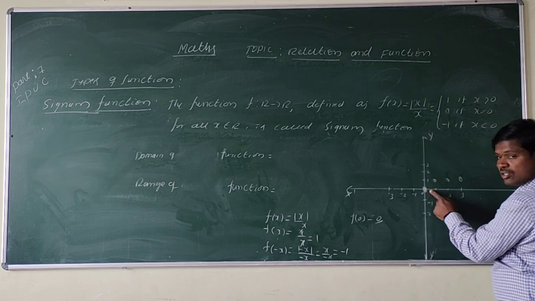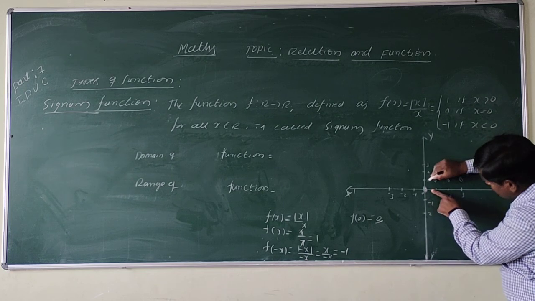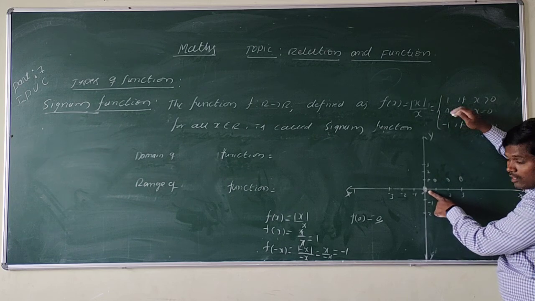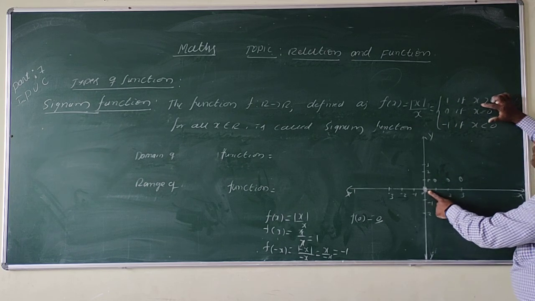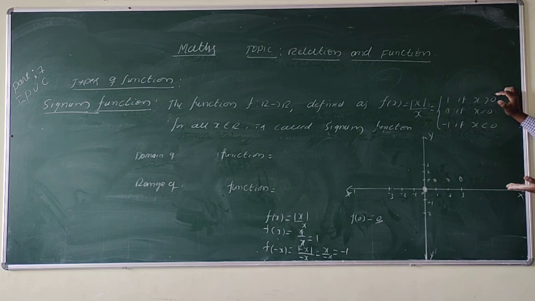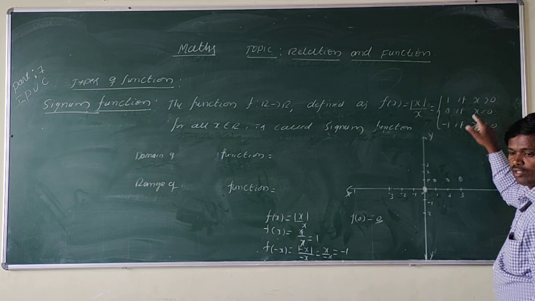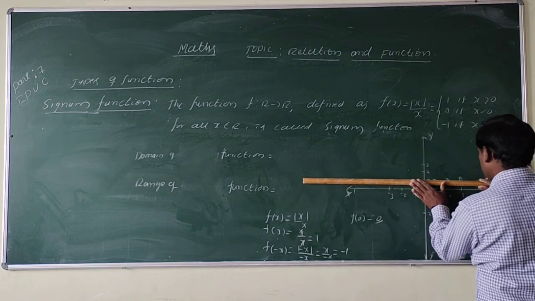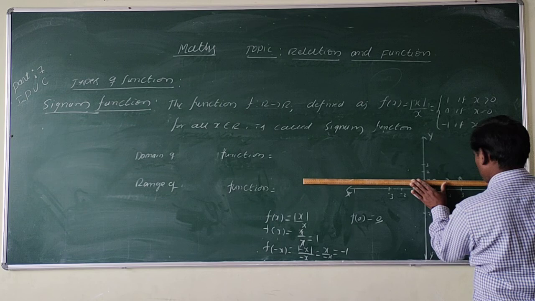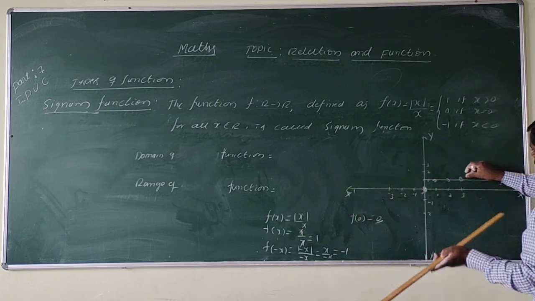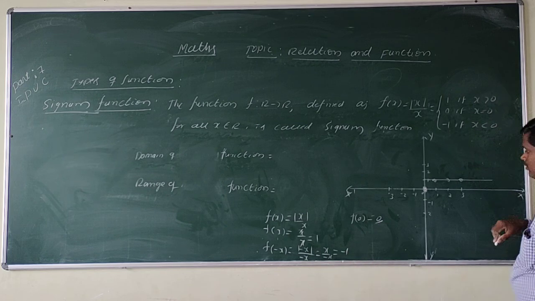Suppose x is 0.1, 1 by 2, then also output is 1. That means for any x greater than 0, the output is 1. So therefore x greater than 0 gives a straight line. See here, this is a straight line from this point.